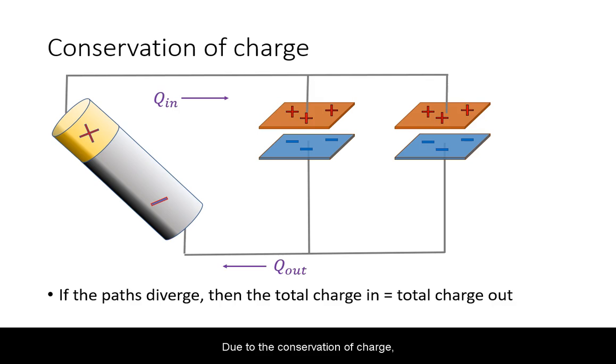Due to the conservation of charge, which states that charges may be separated but neither created nor destroyed, the total charge flowing into this parallel system must equal the total charge flowing out.